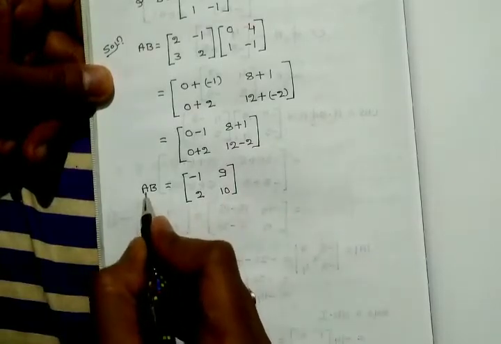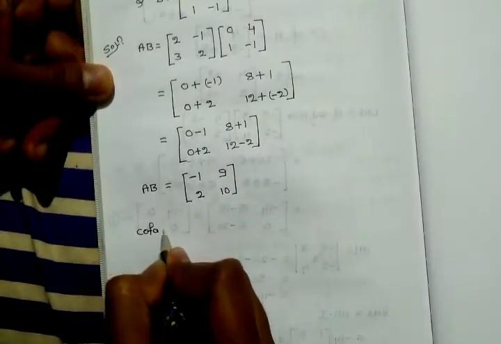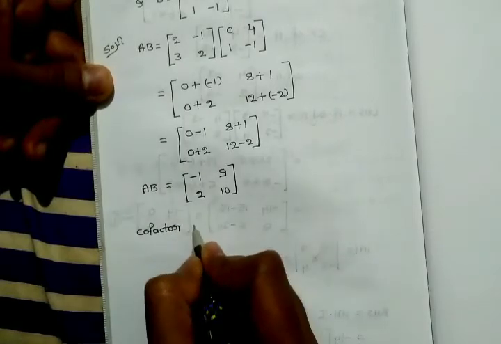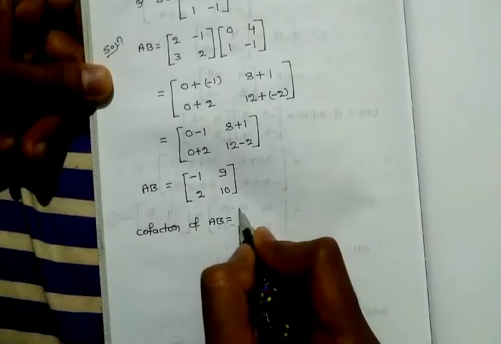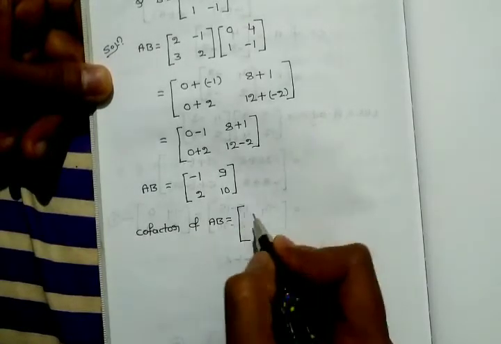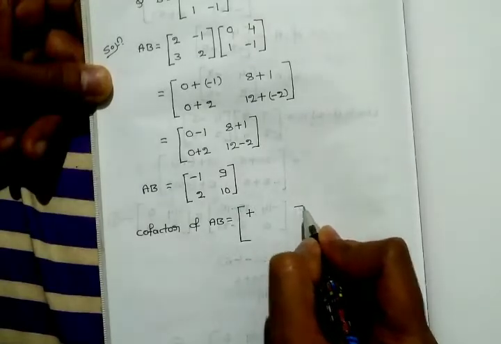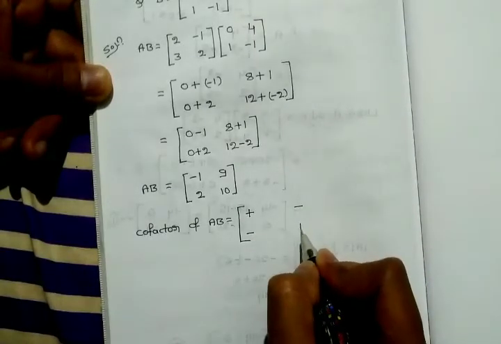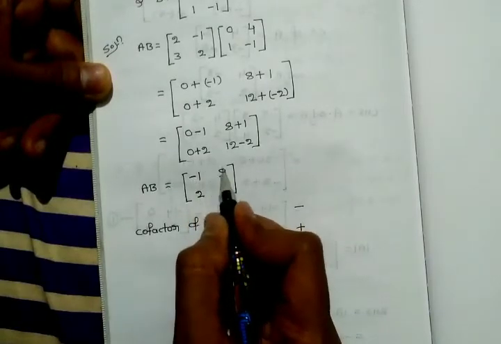Next, find out the cofactor of AB now. Cofactor of AB is equals to, write down the sign rule, plus, minus, minus, plus. First element is minus 1, delete the column and row.